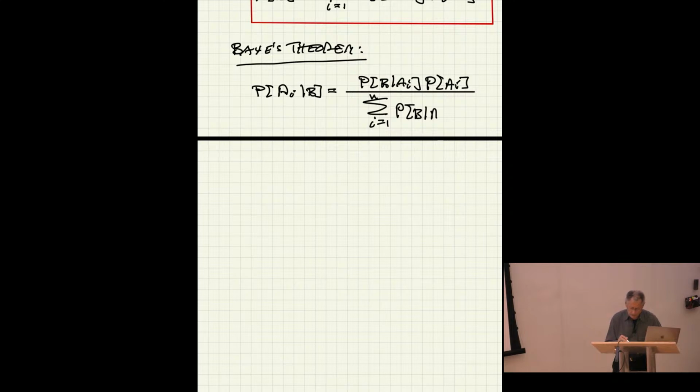Let me make this a J, I'm sorry. Let the subscript here be J.